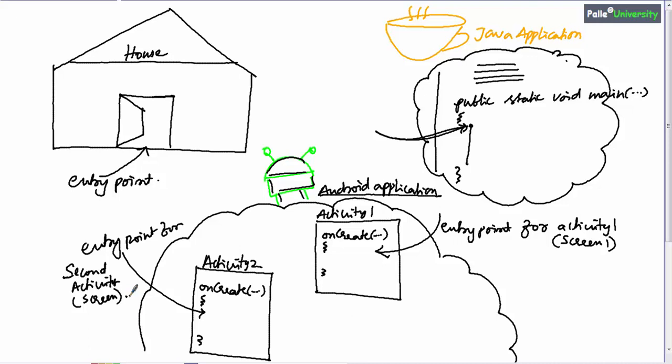Now some people will also call it the entry point of an activity, that is, this onCreate method can be called the entry point for your activity, or you can also call it the first life cycle method of your activity, because the life of an activity or the life of a screen will start from this method.